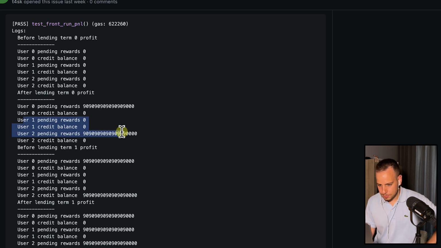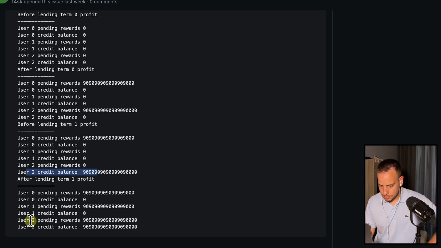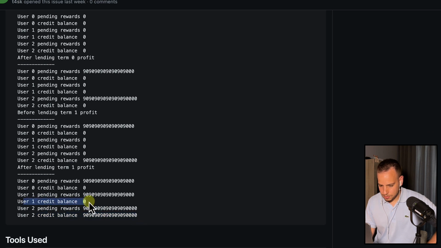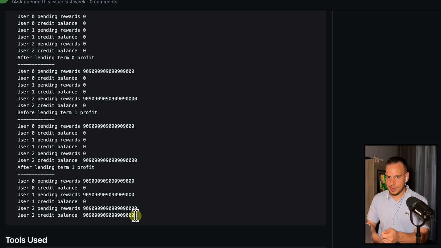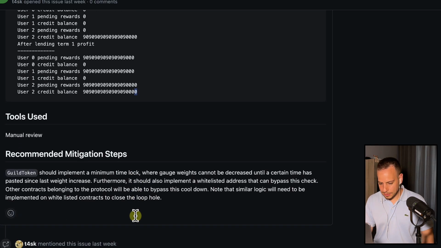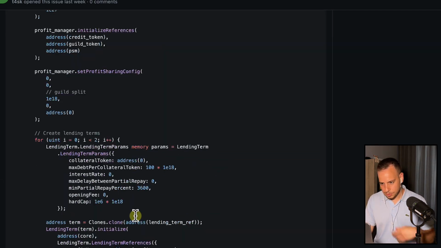User 2 front runs, and you can see that over time user 2's profit rewards increase, and it has an extra 0 at the end, so it's 10 times more than user 0 and user 1. This extra 0 is there because it front runs every time there is a new profit: it stakes, unstakes, and just gets these rewards, which is cool.